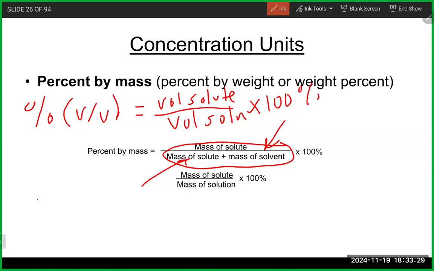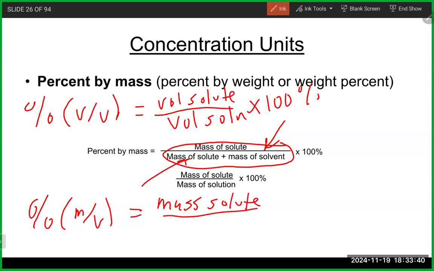We also had percent mass to volume, which is our mass of the solute divided by the volume of solution times 100%. Remember that for the most part, the other ones you don't have to worry too much about. It's really that mass percent that they very commonly will give to you broken up, the solute and the solvent.